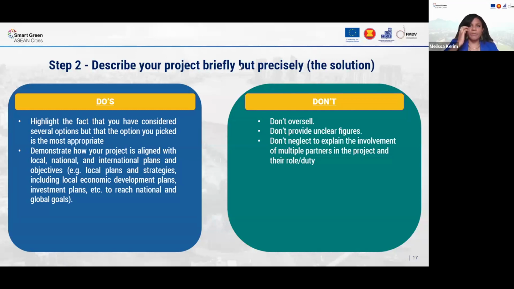As part of the SGAC program, you had several partners who assisted along the way. But I would recommend not to oversell, and not to provide unclear figures, which means that you just stay factual. You don't need to demonstrate that your solution is the best ever. Just try to be very factual.